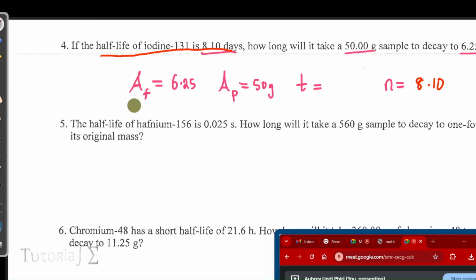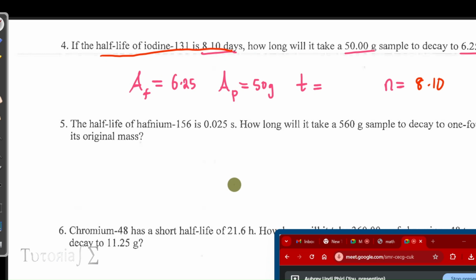So now, this formula that I'm going to give you works all the time for each of these questions. You might be given the future value, the present value, you're looking for time, and you're given the half-life, or you're given the time, and so on. So it's just about you knowing how to make a variable subject of the formula.